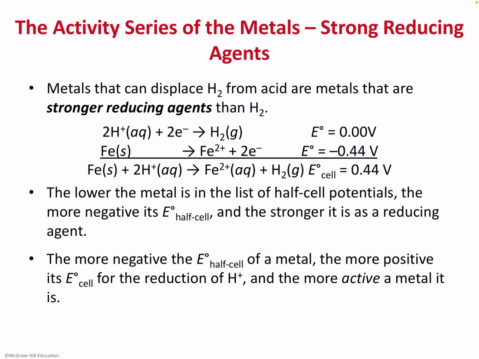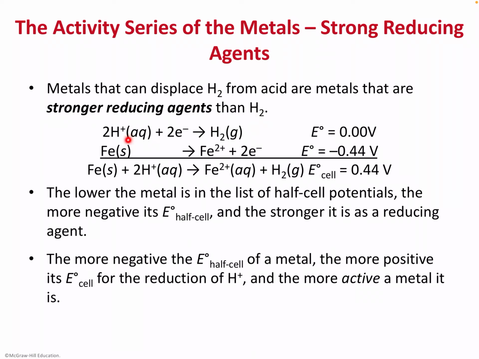The activity series of the metals, strong reducing agents. Remember, the strong reducing agents are the ones that would undergo oxidation. How do you find out if a metal is more active or not? We're going to look at the activity series. So metals that can displace hydrogen from acid are metals that are stronger reducing agents than hydrogen.